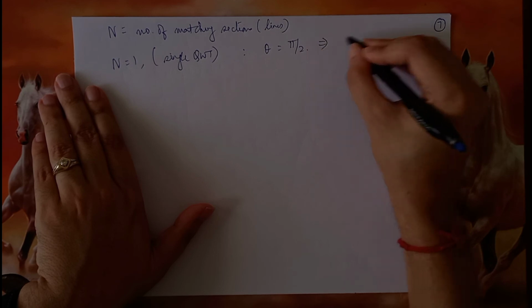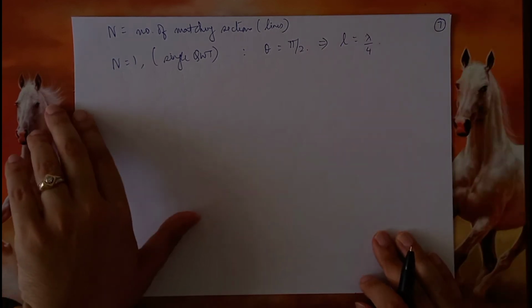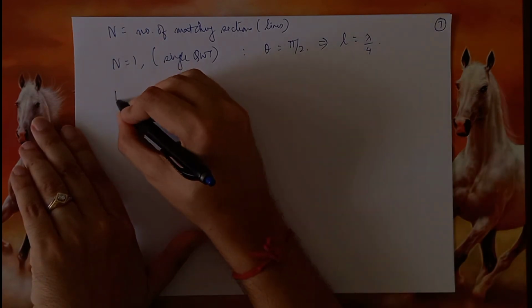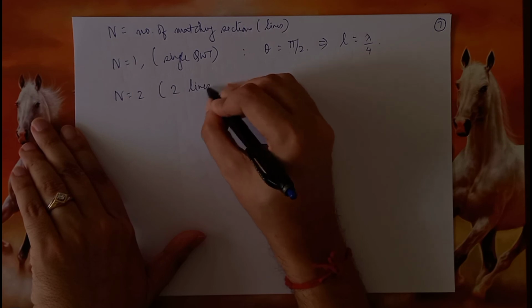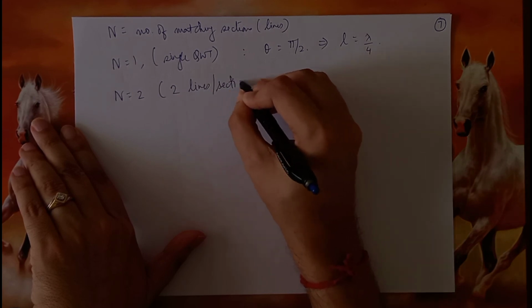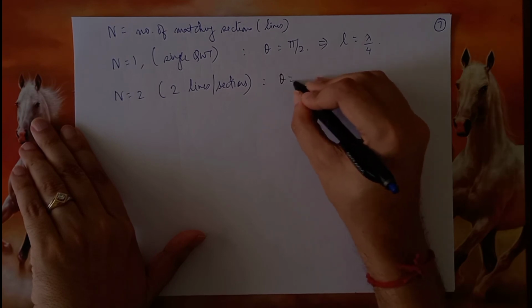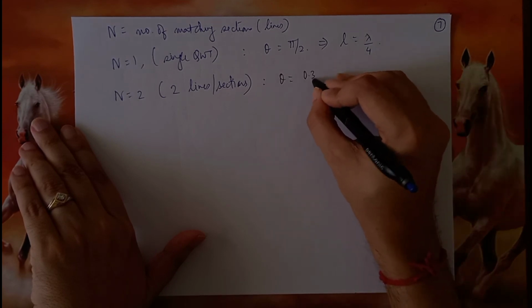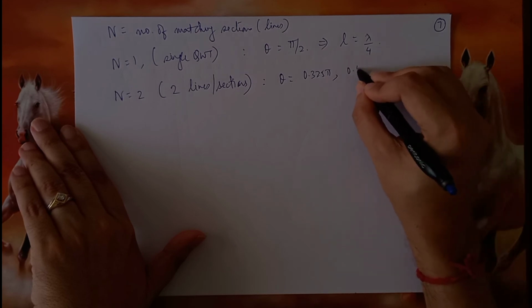And we have already proved that this means L should be equal to lambda by 4. Very good. Now for n equals 2, that is 2 lines or 2 sections, the theta values we derived for the minima are 0.325 pi and 0.625 pi.